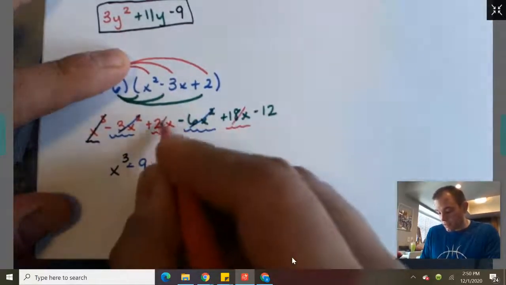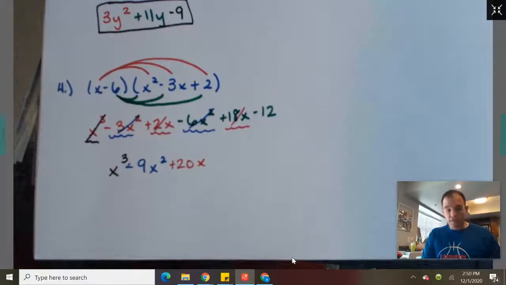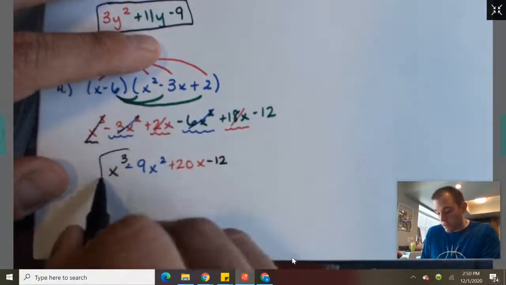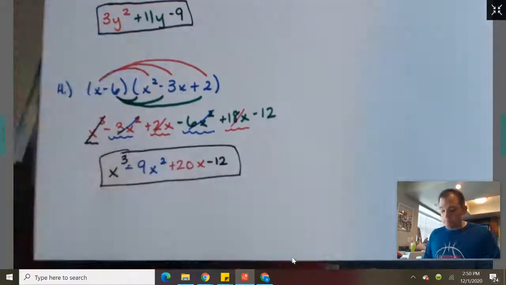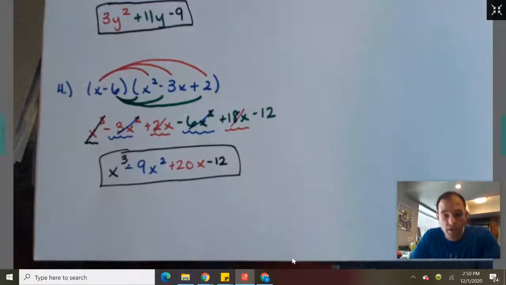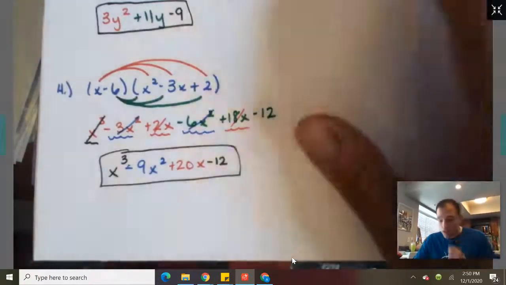Cross that one off, cross that one off. And then I'm just left with the minus 12 on the end, right? There's no other like terms there. All right, so we just distributed and then combined the like terms to get our answer for number 4. And again, these are just like your review that you'll see on Math Excel, along with on your exam, okay? So number 5, let me pull number 5 up.